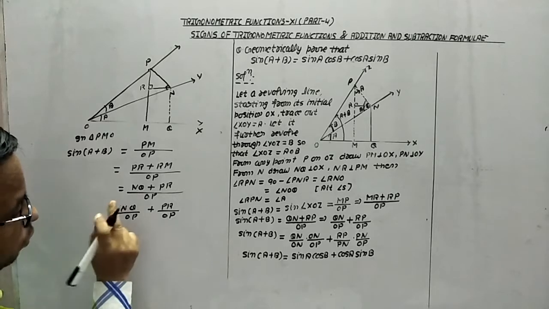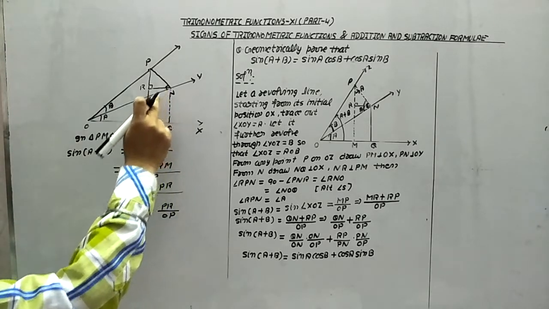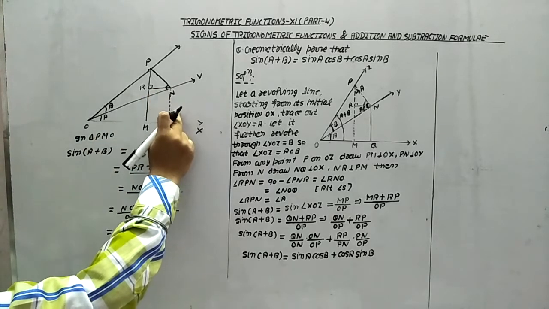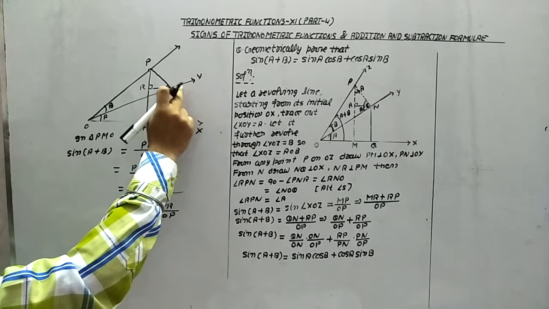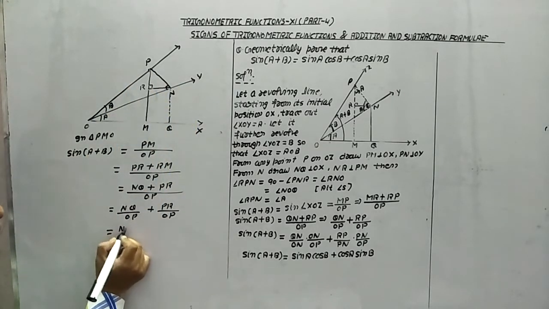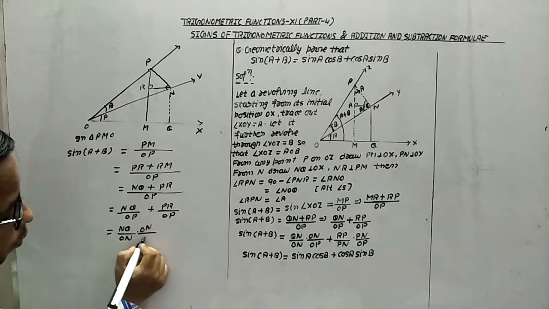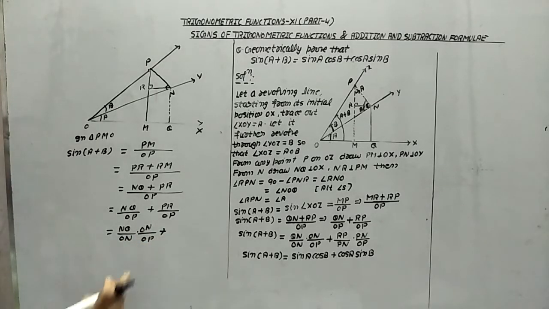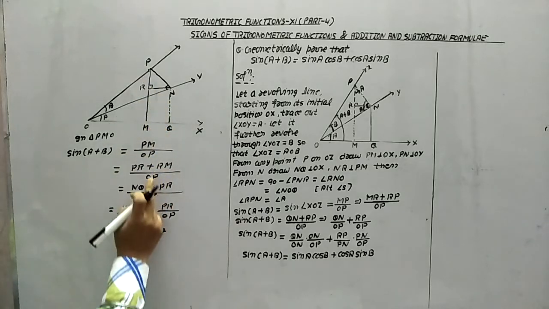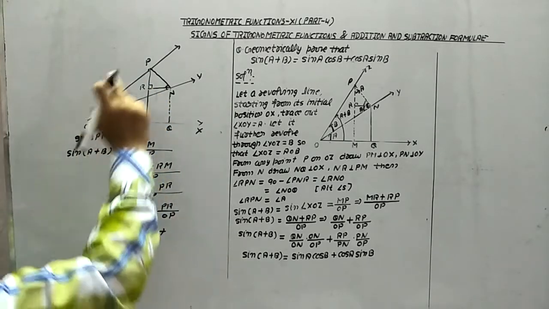Now we are introducing another term because we have NQ. With NQ we will take ON. That is why NQ upon ON into ON upon OP. In the same way, for this PR, we are introducing PN.